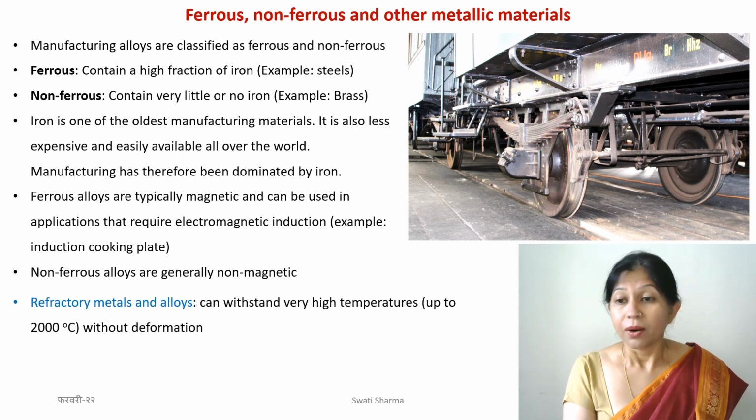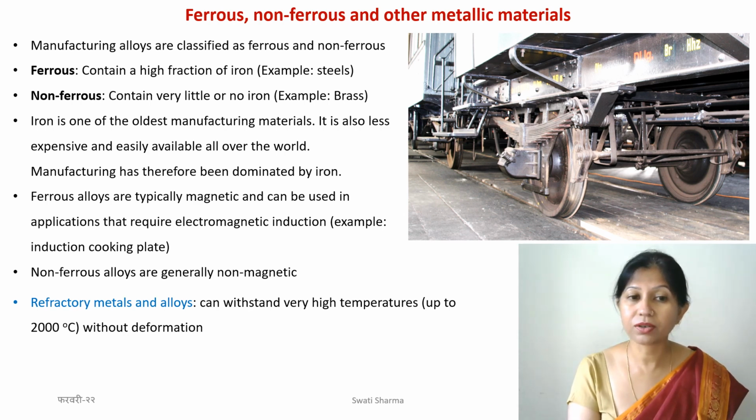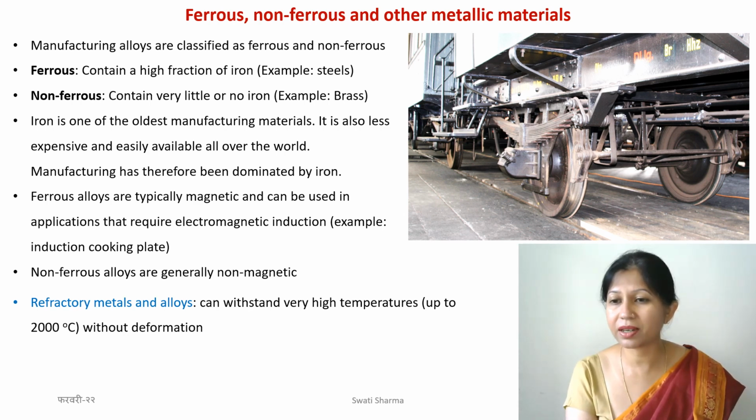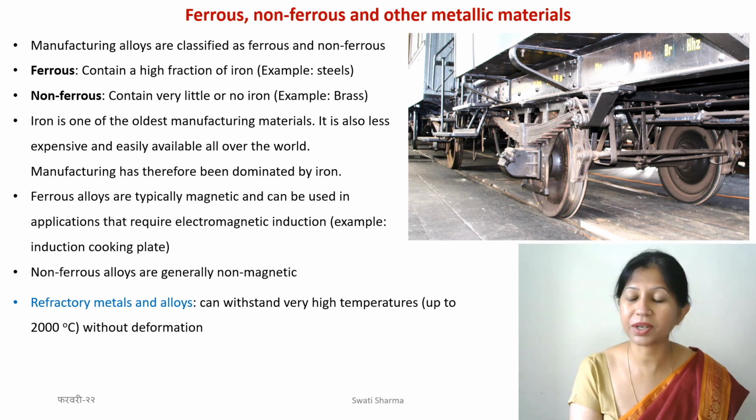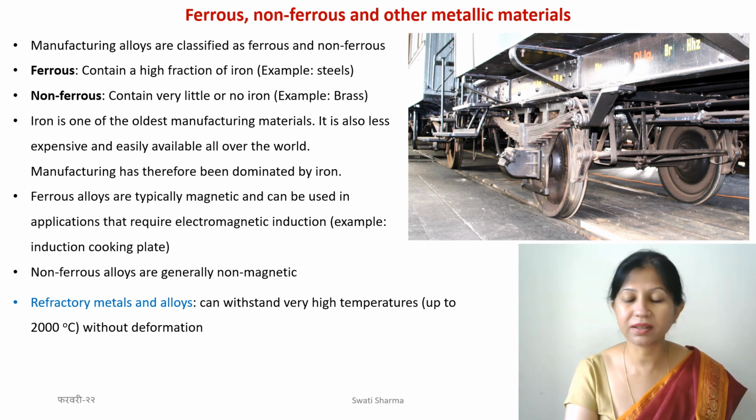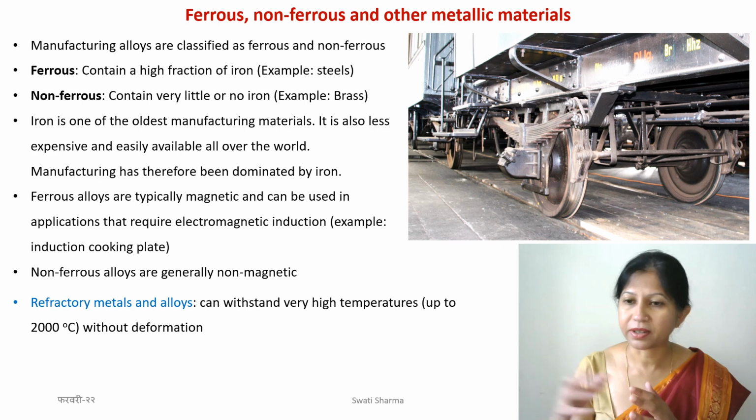Okay. What else? So we talked about ferrous, non-ferrous materials. Now we also talk about something known as refractory metals. In this particular case, we are talking about metals and alloys, but for refractory materials, there are several ceramics, in fact, that are also refractory. What does that mean? Don't relate this to refraction, because optical refraction is different, right?